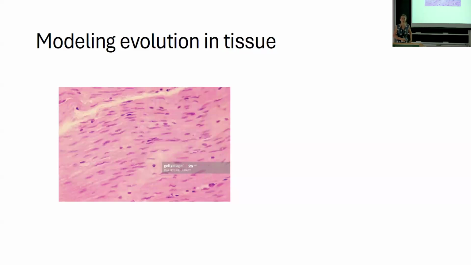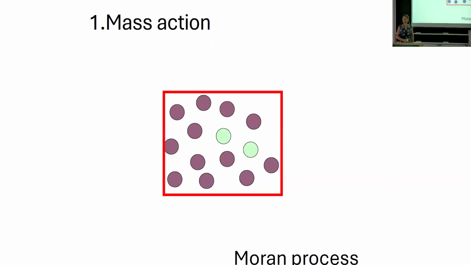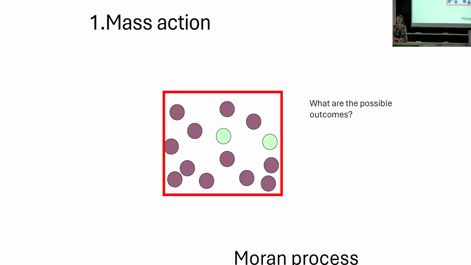So how do we model an evolutionary process? The simplest process is what they call the Moran process. It's the least realistic of all of them. Basically you have cells in a box. You don't keep track of where they're located. At each moment of time, you kill a cell and you reproduce another cell such that the population stays constant at all times.